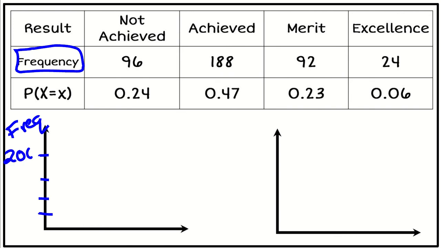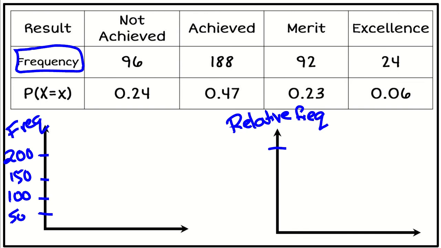So I'm going to have a maximum frequency of 100, 200 there. Whereas the other type of graph I could do is a relative frequency graph. So that's when this axis here is now the probabilities, as decimals usually. So that's my relative frequency graph.